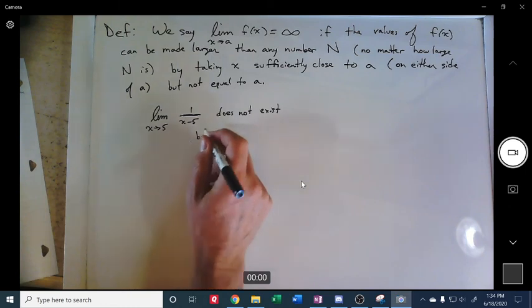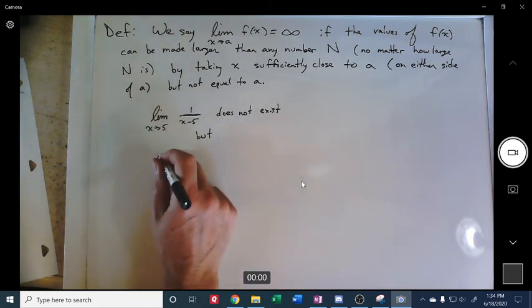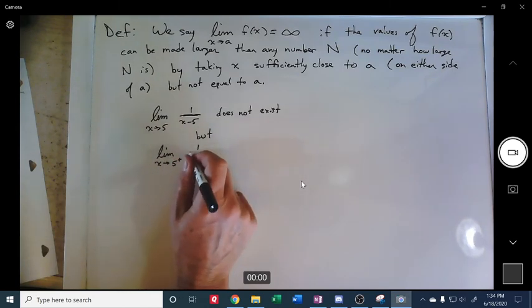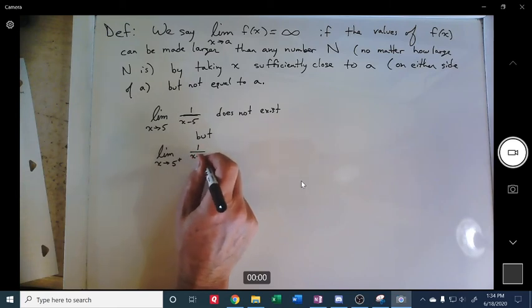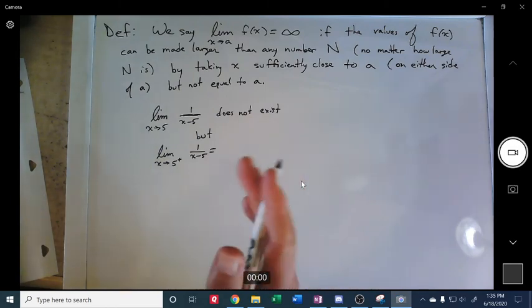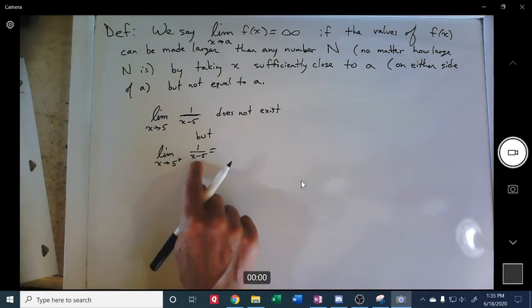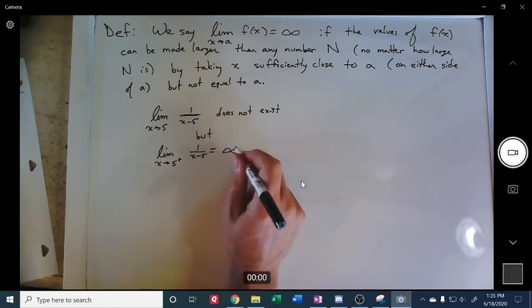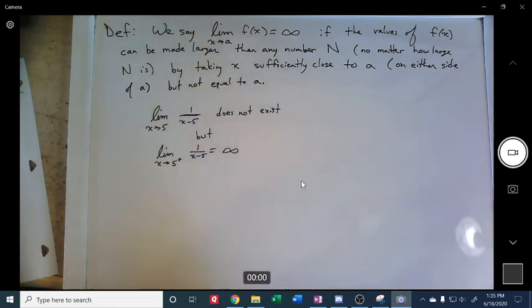But the limit as x approaches 5 from the positive side of 1 over x minus 5, from the positive side being like 5.1, 5.01, we'll always get positive numbers here, and then we would say that this result is now infinity.